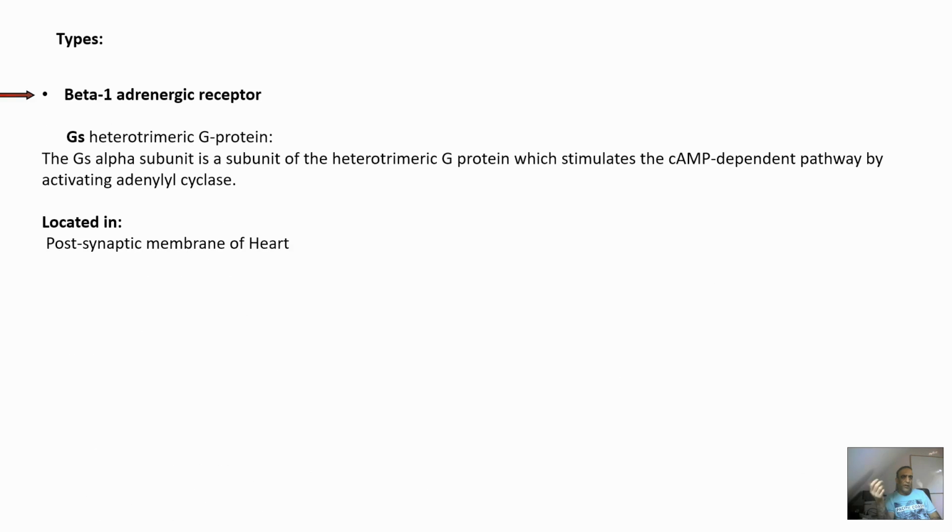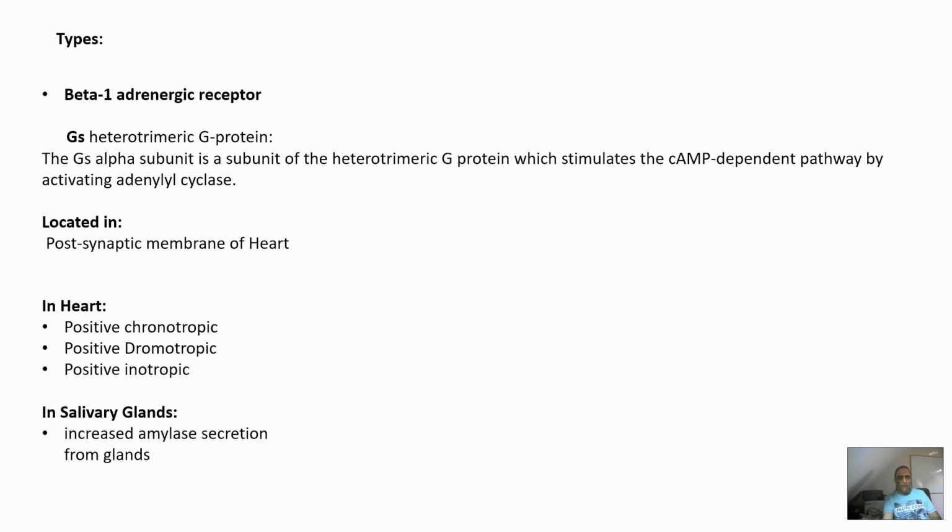As I explained, the beta 1 adrenergic receptor is a subfamily of the G protein coupled receptors. We have different types of G protein coupled receptors. The first one is Gs, and beta 1 belongs to Gs. It is a heterotrimeric G protein.